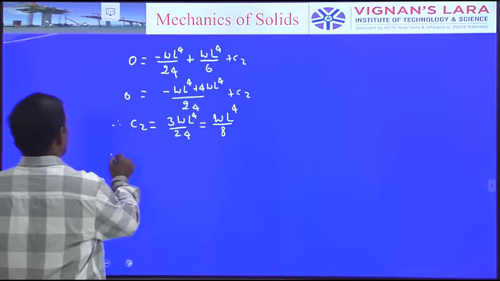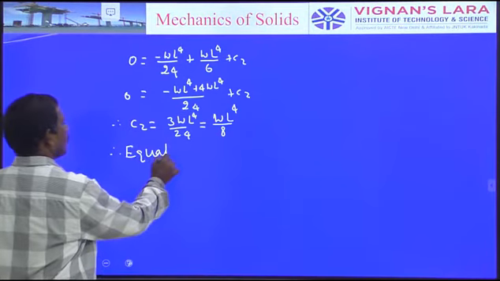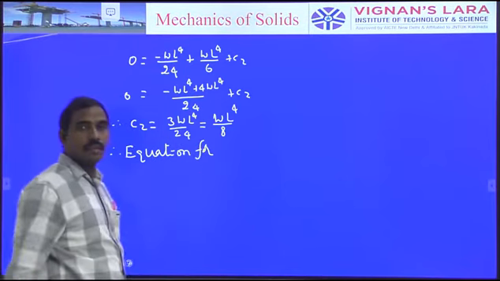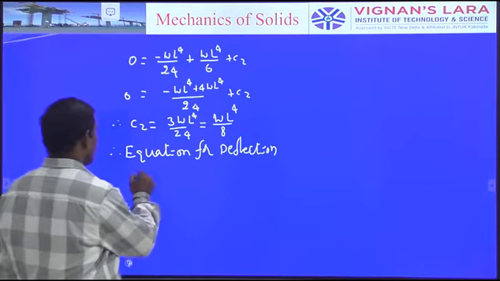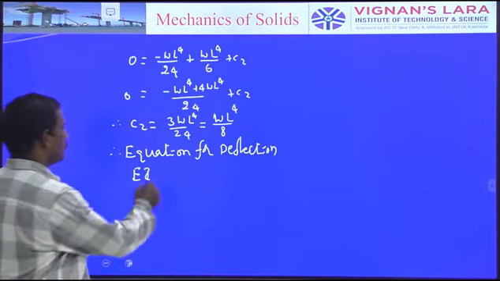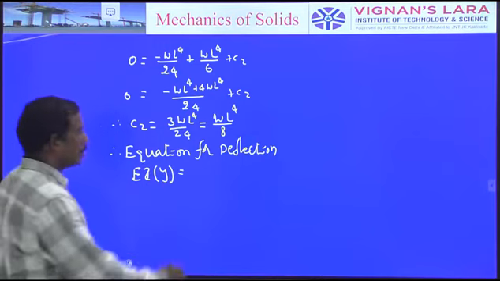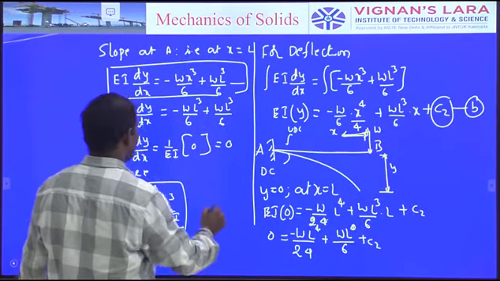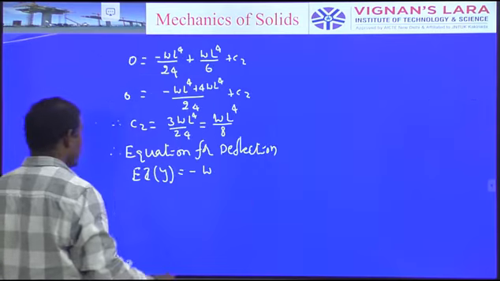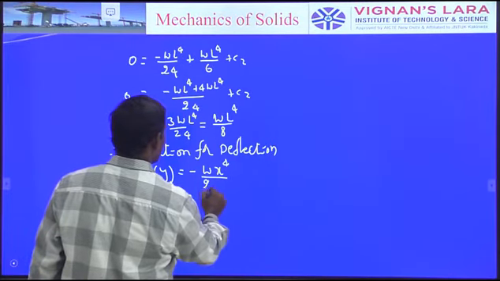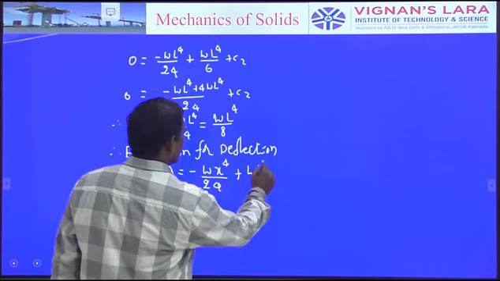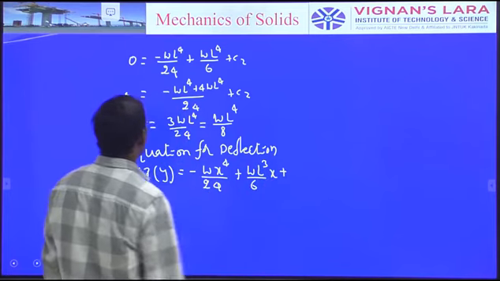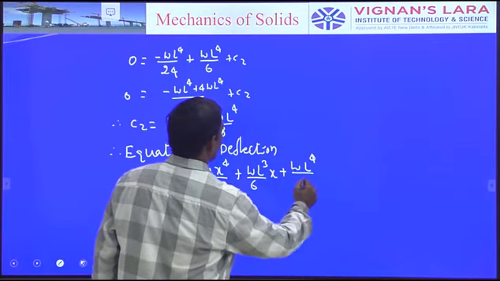So the equation for deflection becomes EI into Y is equal to minus W x power 4 divided by 24 plus WL cube by 6 into x plus C2, that is WL power 4 by 8.